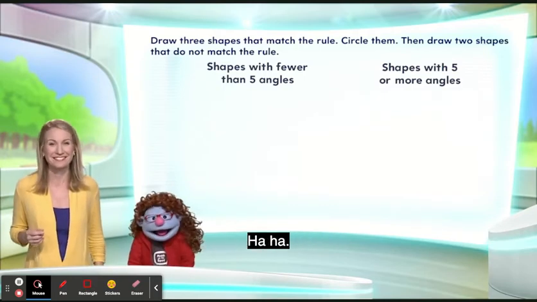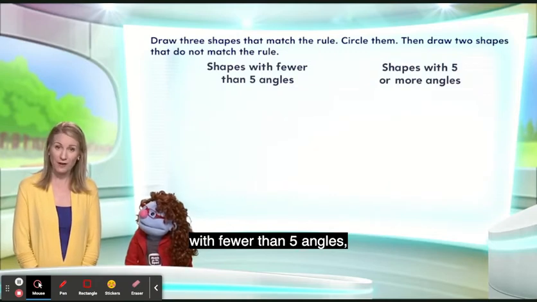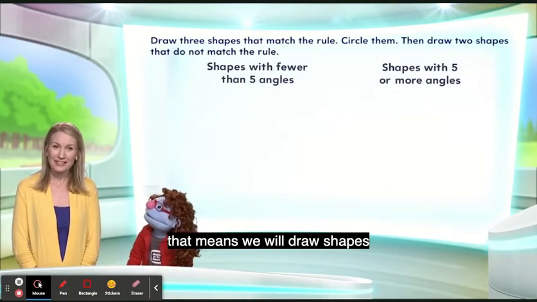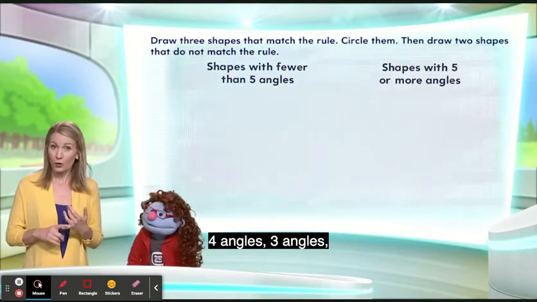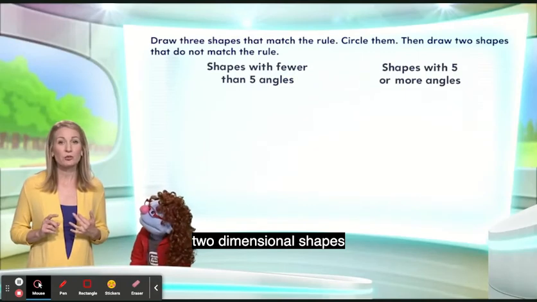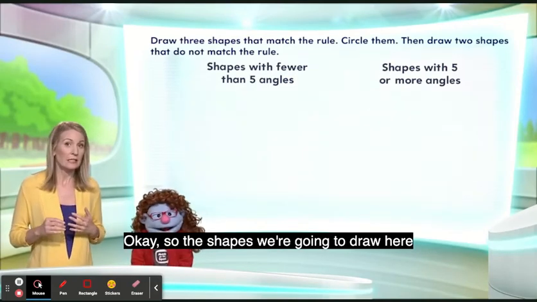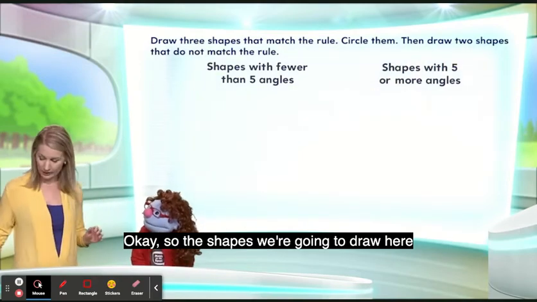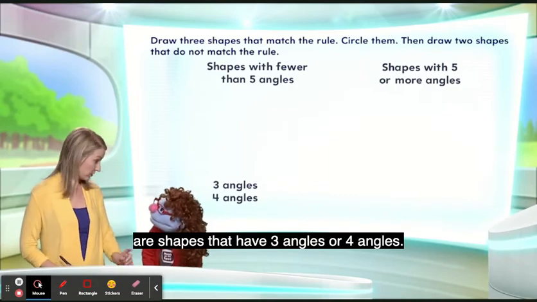If we're going to draw shapes with fewer than 5 angles, that means 4 angles or 3 angles. But remember, 2-dimensional shapes do not have 2 angles or only 1 angle. So the shapes we're going to draw here have 3 angles or 4 angles.